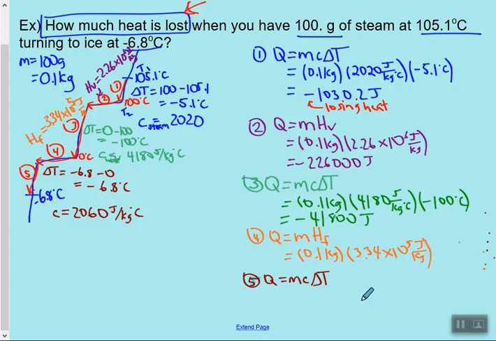And calculating. To move that down, you get negative, because remember, you don't get a negative in your question, but we are losing heat still. So I can put my negative in myself, negative 33,400 joules. And last step.